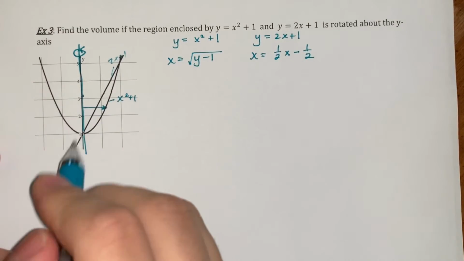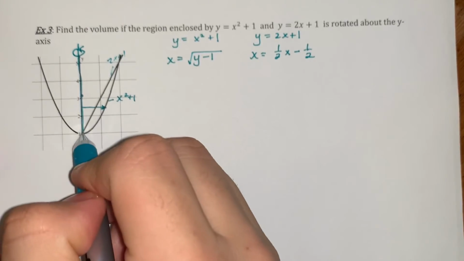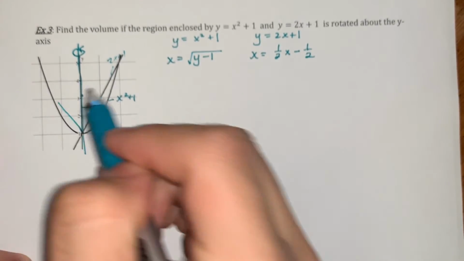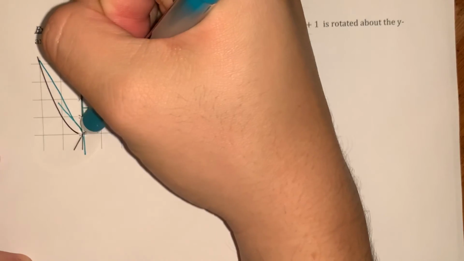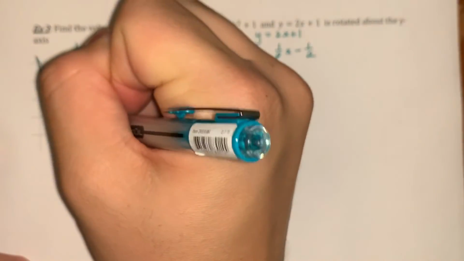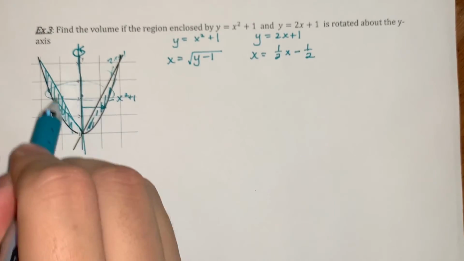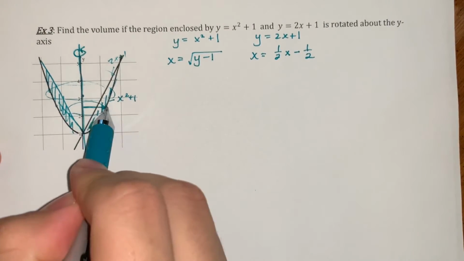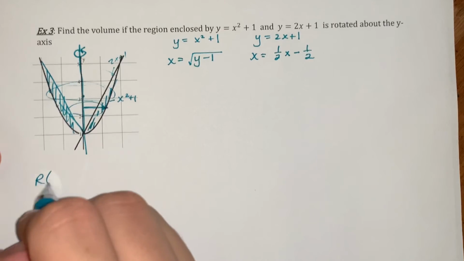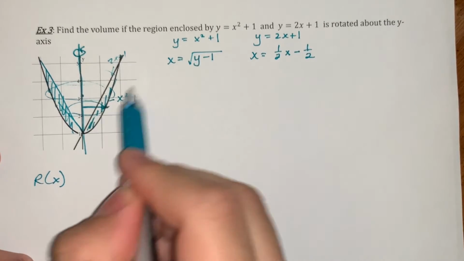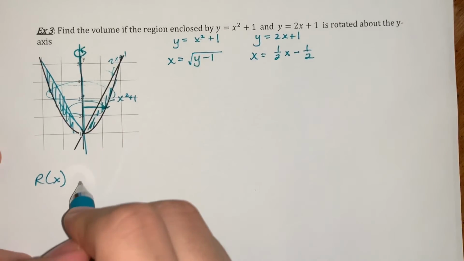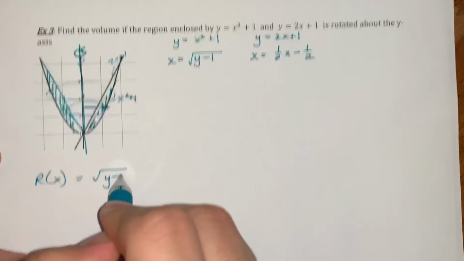My outer radius, because if I'm rotating this about the y-axis, it's going to look kind of like that. Revolutions around there. So my outer radius is going to be the square root function, so the square root of y minus 1.